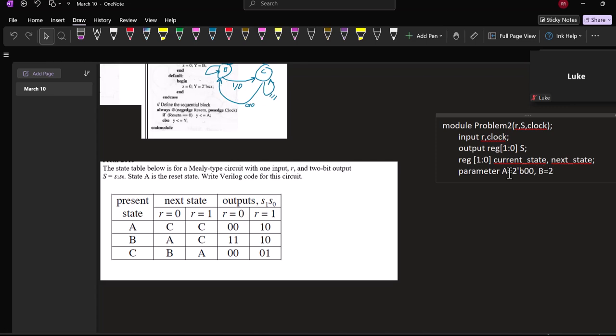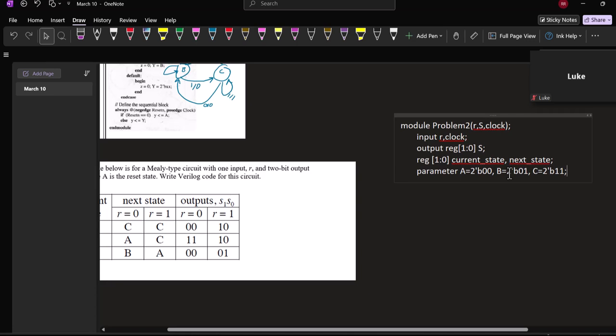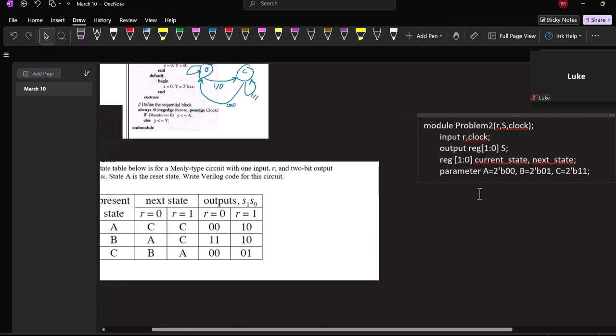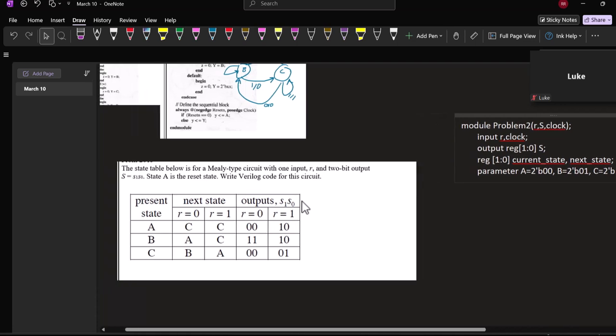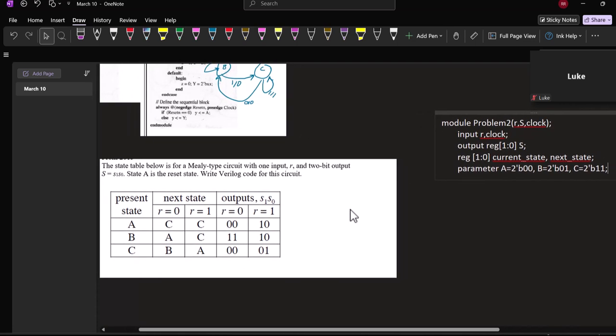B equals, and you don't have to define it at all if you don't want to, 01, and C equals 2'b11. It's easier to define them here because I already have letters in my state table, so that helps.